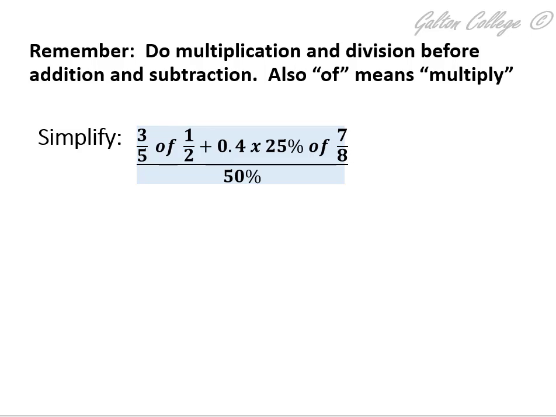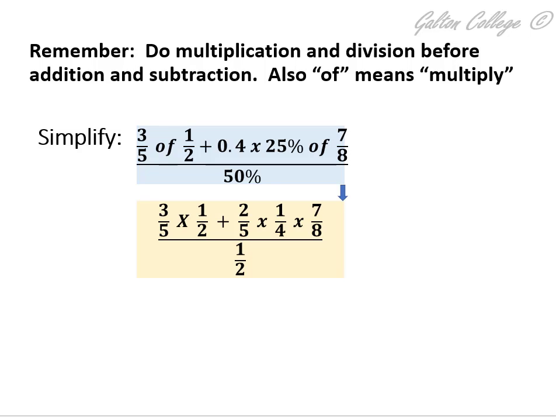Now for a start, all I'm doing here is taking away the word "of". Of means multiply, so I'm writing in a multiplication sign. So it's 3/5 times a half plus, and this 0.4, I'm just putting it as a fraction.